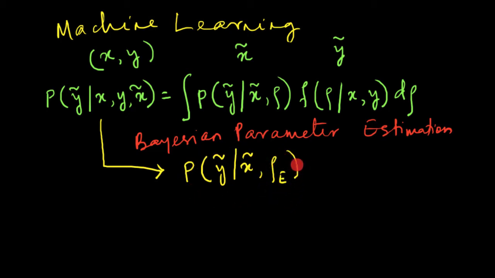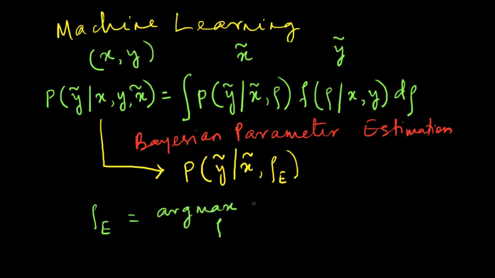And how do we choose this rho e? So this rho e is chosen to be the value of rho which maximizes this quantity. Okay, so what we do is that our rho e is equal to argmax.